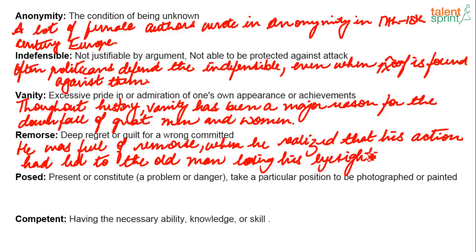Okay. So what do we do here, guys? This person felt a deep sense of regret, a deep sense of guilt, a deep sense of sorry when he realized that he had done something because of which a person lost his eyesight. A deep sense of sorry and guilt.